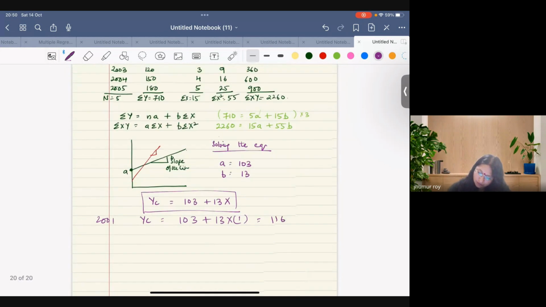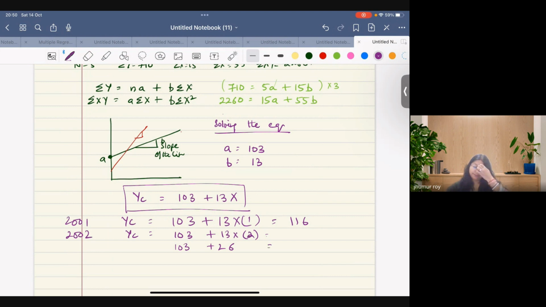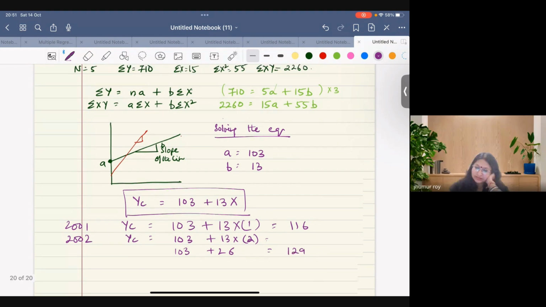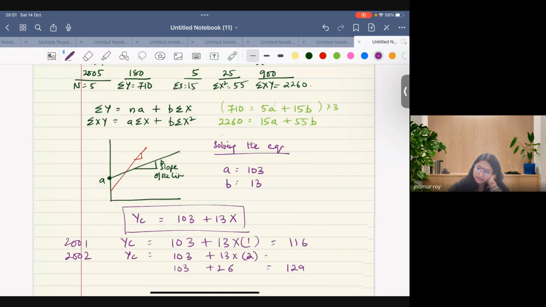Then the second one you calculate. So for 2002, YC will be equal to 103 plus 13 into 2. So how much will it be? 103 plus 26. So what is this value? 129. So this is the second trend value, 129. Third trend value will be like this.